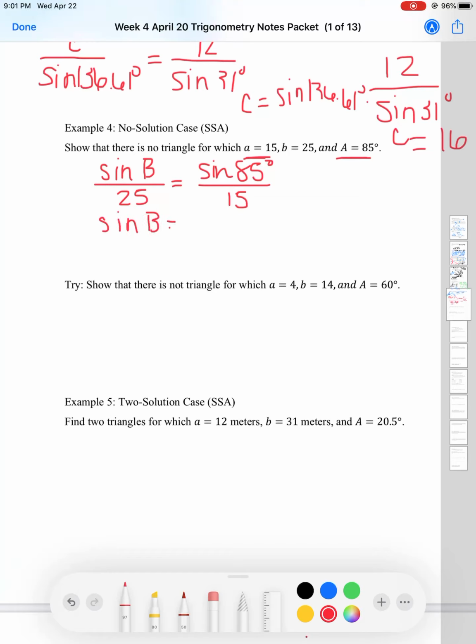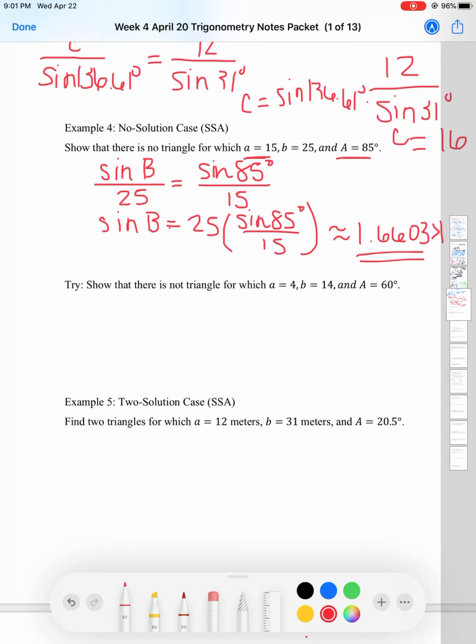So sine B equals 25 times sine 85 degrees over 15. Now, sine 85 degrees over 15 times 25 is equal to about 1.6603.